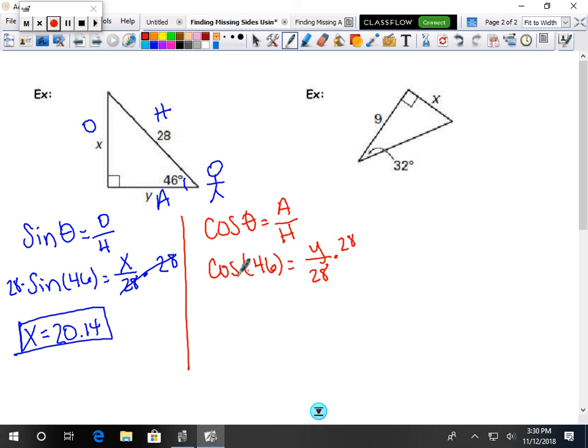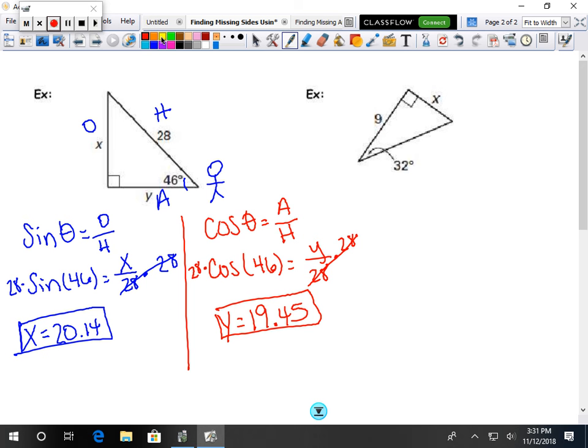Again, to solve here, I'm going to multiply both sides by 28. 28 times cosine 46 tells me that y is equal to 19.45. So again, here's a perfect example. I used sine on one and cosine on the other, so I got two different answers, which is exactly what I needed here.